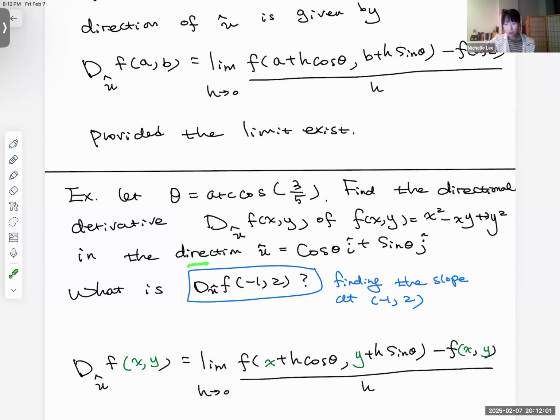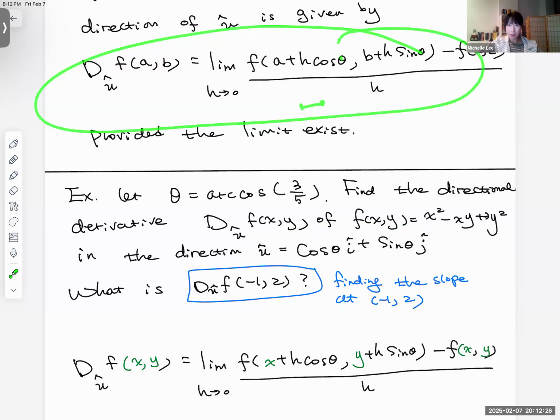So we want the same direction of u. We need to find it when x, y equal to -1 and 2. So we're finding the slope in this direction at -1 and 2. Make sense? Okay, so we are going to use this formula, which is given.